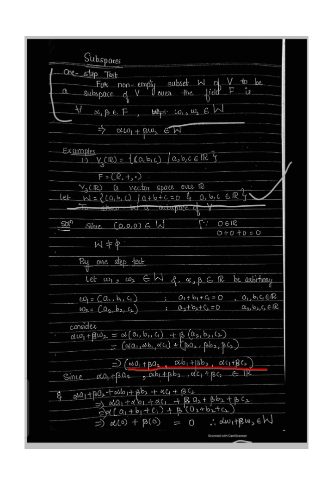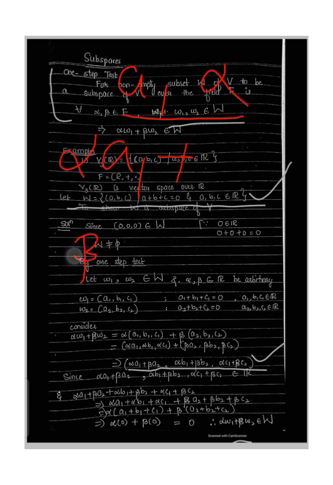Here also we got an ordered triplet. Now we have to check whether its entries are real numbers or not. The first thing, A1 is a real number, alpha is also a real number. Multiplication of two real numbers is again a real number. So alpha A1 is a real number, and beta A2 is also a real number.